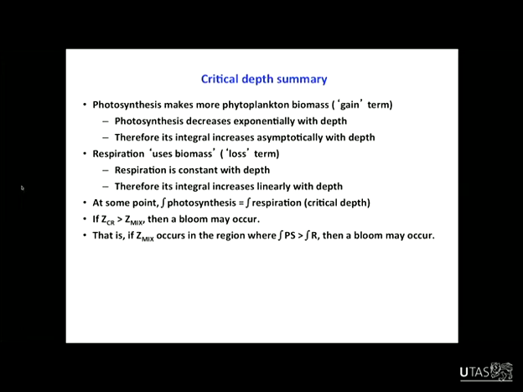So if we integrate the gain term and the loss term over the upper ocean, if the mixed layer is very deep, then the loss term is probably going to exceed the gain term, and you won't get net accumulation of phytoplankton biomass. But if the mixed layer becomes shallow, then the gain term probably exceeds the loss term, and you can get net accumulation of phytoplankton, and that's a spring bloom.